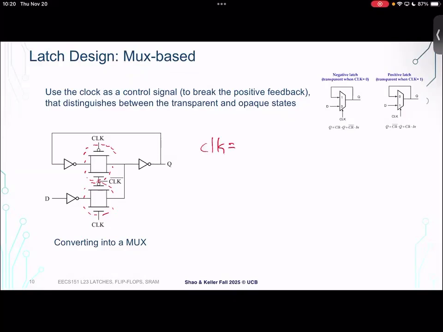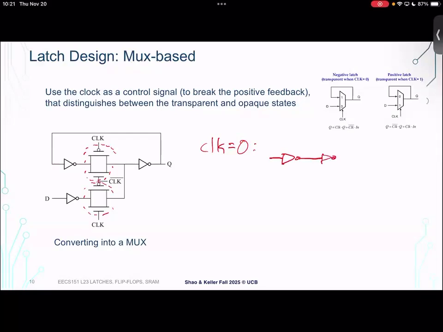When clock is 0, that's going to turn on this top transmission gate, which is passing clock into the PMOS and clock bar into the NMOS, and it's going to turn off the bottom transmission gate. And so that makes our circuit look like this, right? We've got the inverter. This transmission gate is on, so it behaves just like a wire.